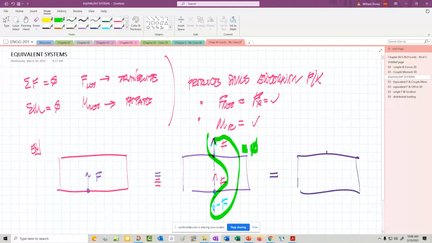And the result then would be I just have the force up here. And now, since that's on the line of action, we call F a sliding vector, right?